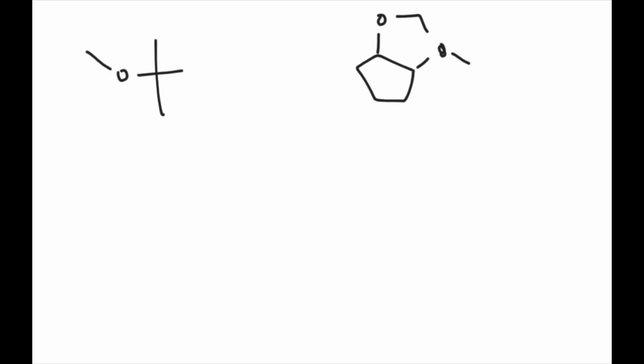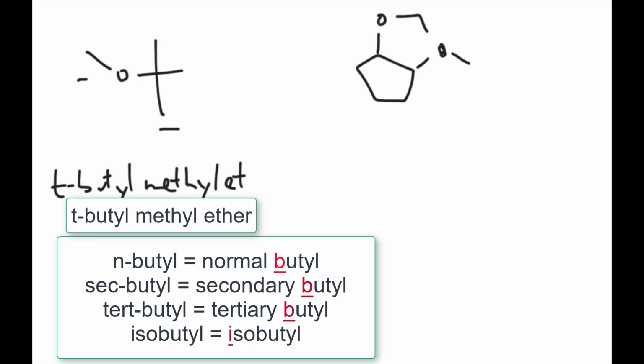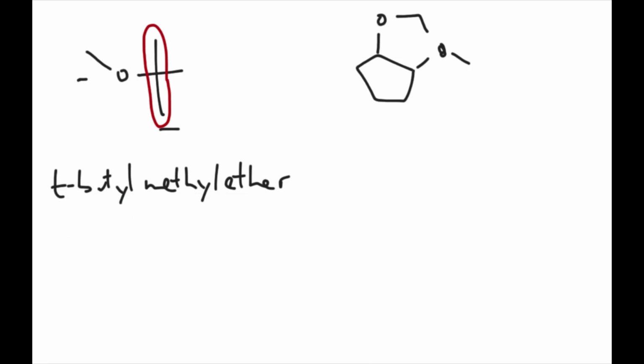So we'll try the simple naming for the first one on the left. We have a methyl group on the one side, and we have a tert-butyl. The butyl, the B comes first before the methyl, so we have a tert-butyl methyl ether. So that's the simple naming. We can also go and do an intermediate naming.